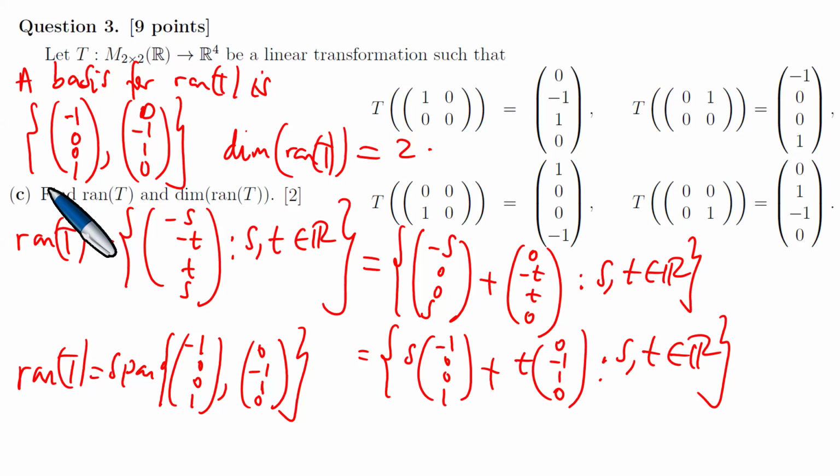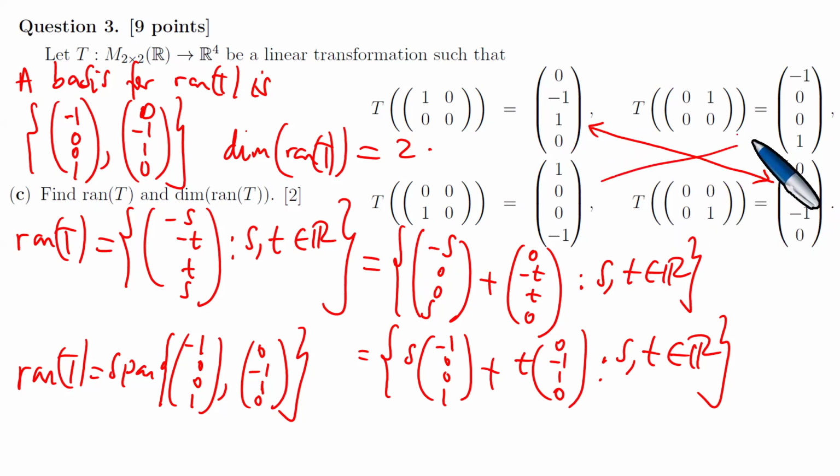There are a couple of ways to analyze this question. If you look at it carefully, you look at this vector and that vector. How different are these vectors? If you multiply this one by -1, you get that vector.